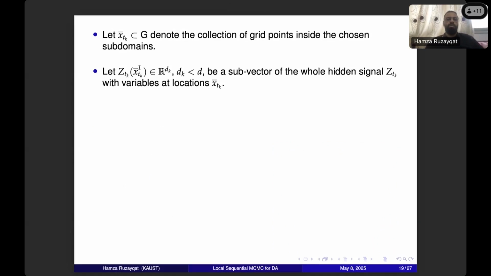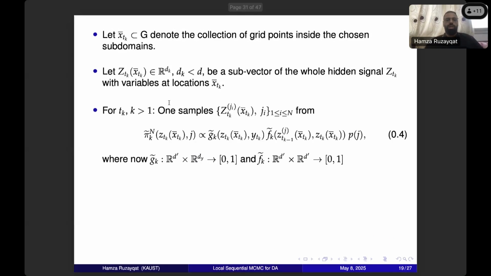Then I'm interested in the state variable at these locations. And inside each subdomain, I'm only going to update the variables at these locations, so we are reducing the dimension to d prime here.